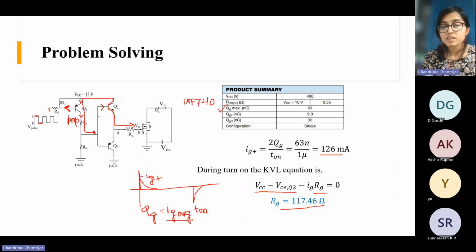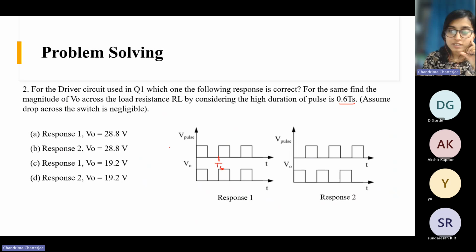When this is high, there will be no gate current, so this MOSFET will not be on. So we have already found one answer: our response 2 is the correct one.